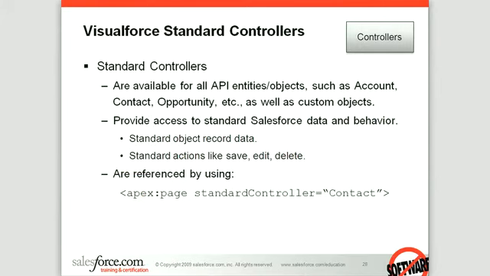There are three types of controllers, or really there's three. I mean, they're not all controllers, but there's three things which have controller logic. There are standard controllers. Standard controllers are available in Apex, or they're available to call from your visualforce pages. These are generated by the system.